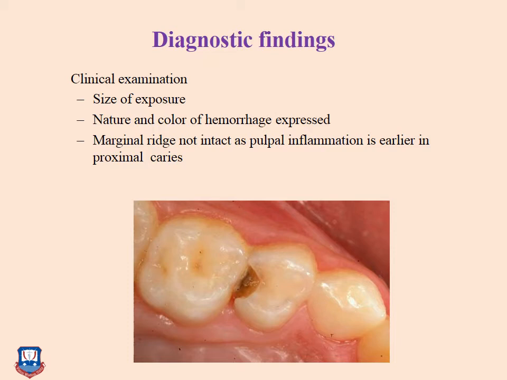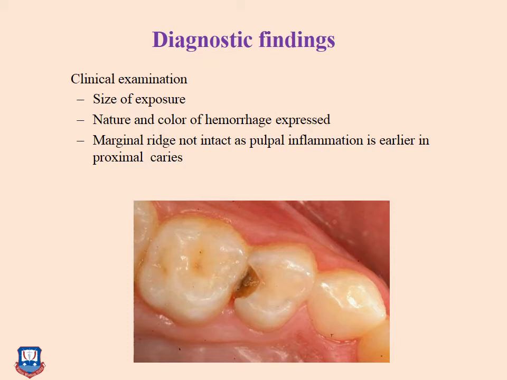Even a continuous flow of blood with no clot formation indicates that the inflammation has reached the radicular pulp. So the treatment of choice would then be converted from pulpotomy to pulpectomy.